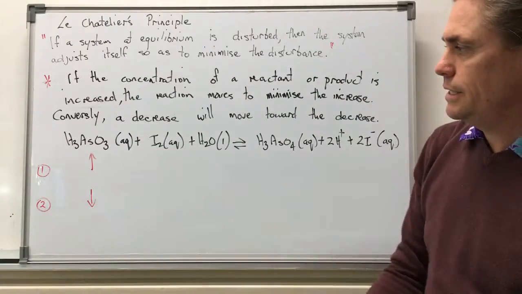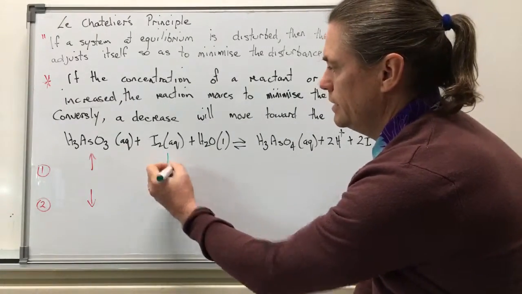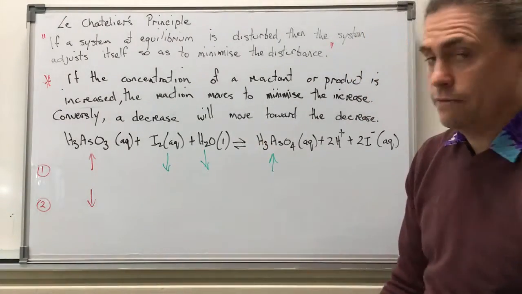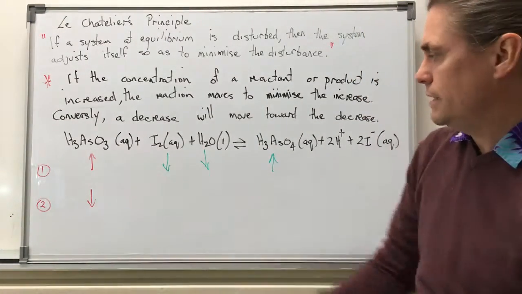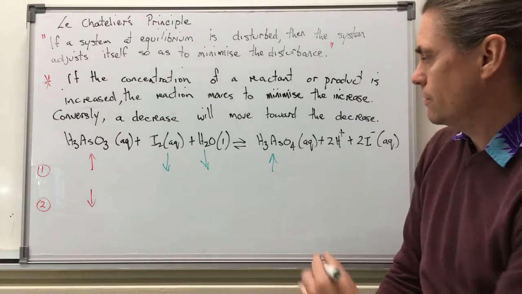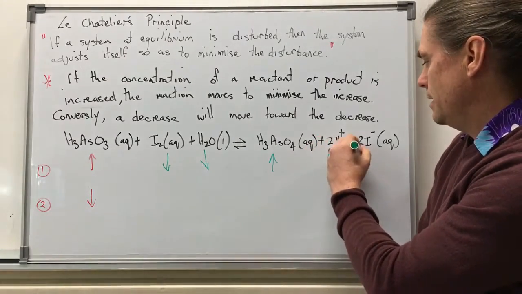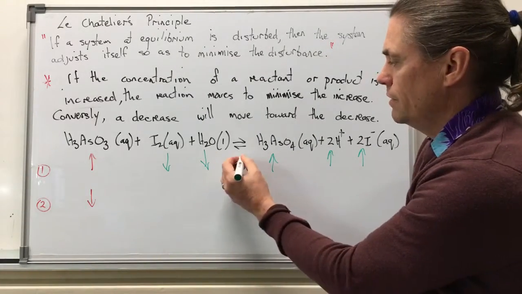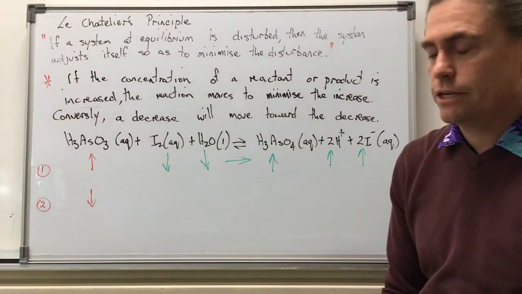So yes, we'll see a decrease there, a decrease there, and an increase of our product, because the reaction is trying to minimise that increase. We'll see an increase here and an increase here. And overall, the reaction will move in the right-hand direction.